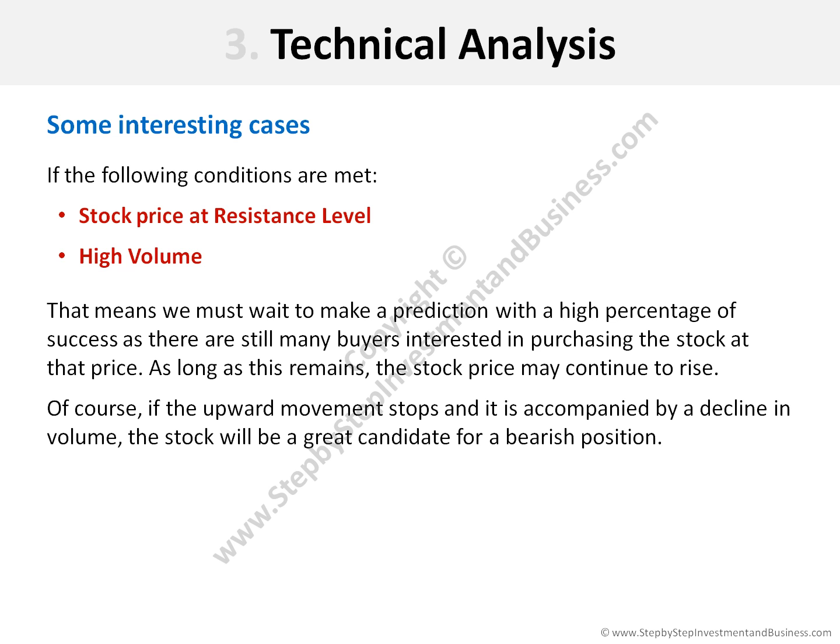Well, that means we must wait to make a prediction with a high percentage of success, as there are still many buyers interested in purchasing the stock at that price. As long as this remains, the stock price may continue to rise. Of course, if the upward movement stops and it is accompanied by a decline in volume, the stock will be a great candidate for a bearish position.